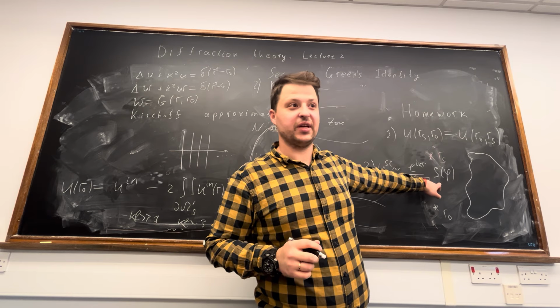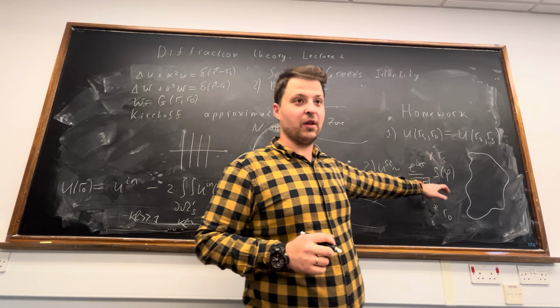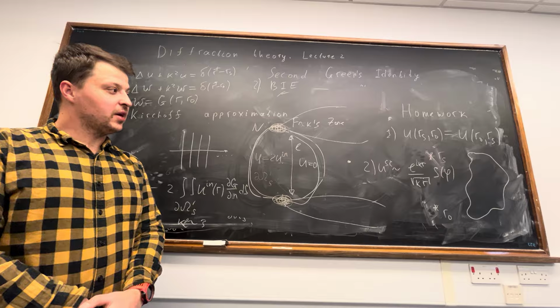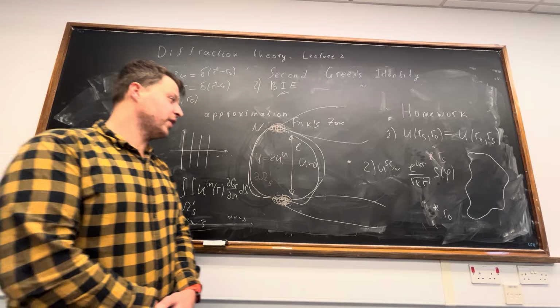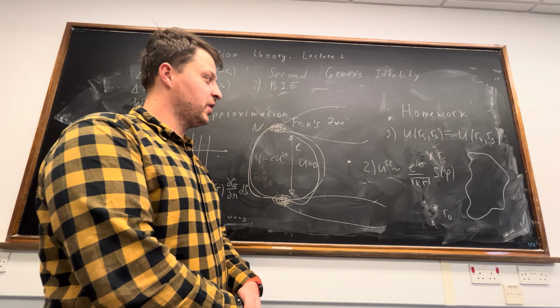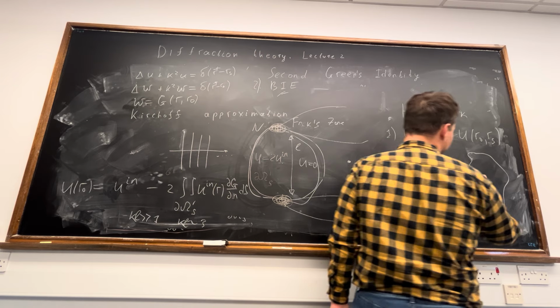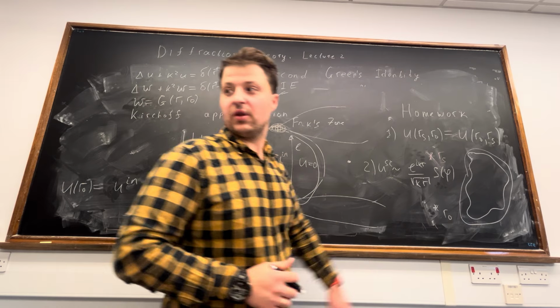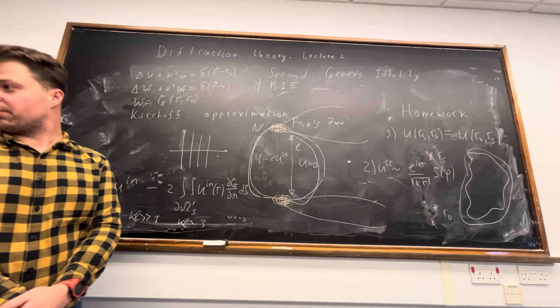This thing is some integral over the surface of the scatterer. So you can express the directivity of the scattered field as some integral over the surface of the scatterer. So you can try it and find this expression from Green's theorem.